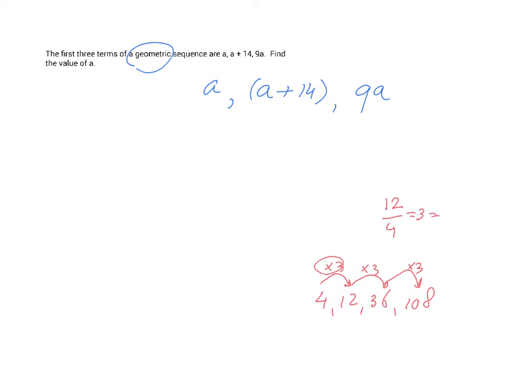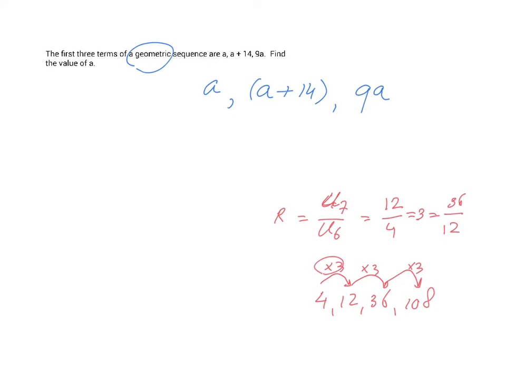But I could also have taken two other terms. For instance, 36 divided by 12 is also 3. So if I take a term and divide it by the previous term, I can find r. So I could also do, for instance, u7, the seventh term, and if I divide that by the sixth term, I should get r, the common ratio. So I guess I have to do the same here because that's my only option.